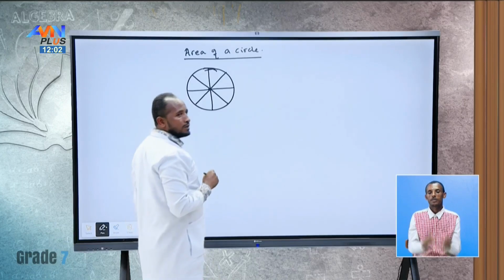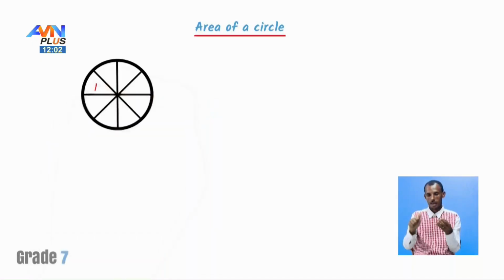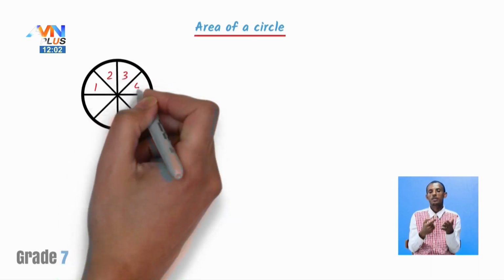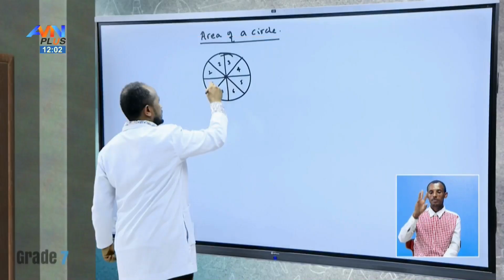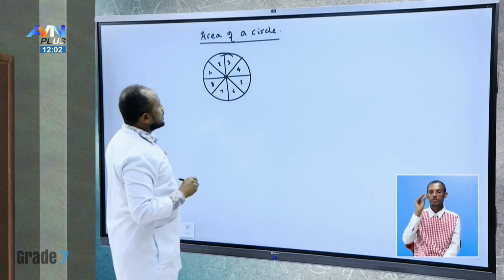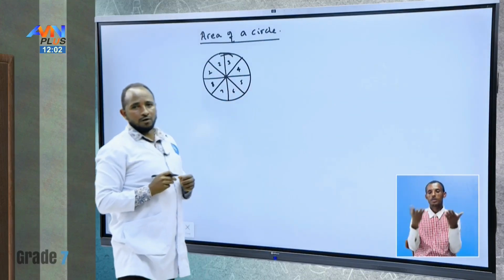Okay, now let's give a name for these pieces. The first piece, second, third, fourth, fifth, sixth, seventh, and eighth. Now, let's take out each piece and arrange in the following form.